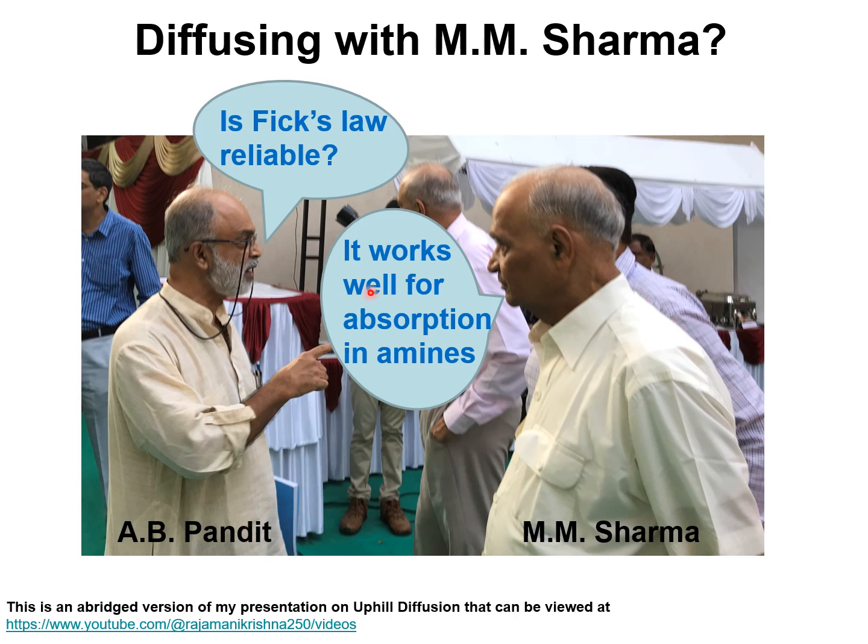I'm going to address this question, is Fick's law reliable, in my presentation today, and to highlight the shortcomings of the Fick's law of diffusion, I start my discussions in the Antarctica.